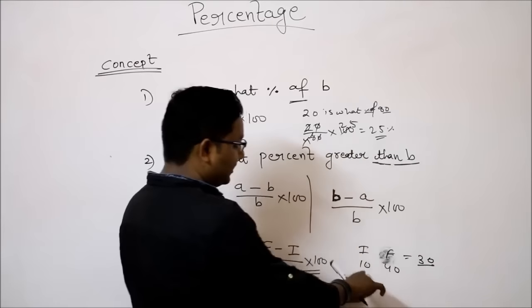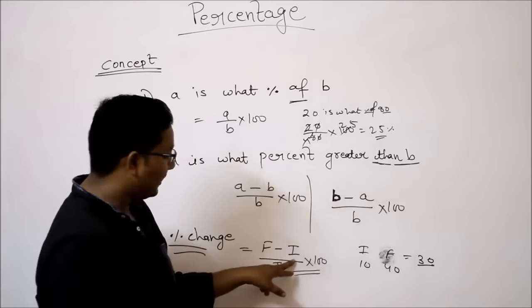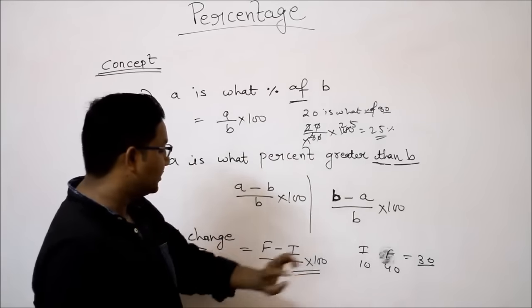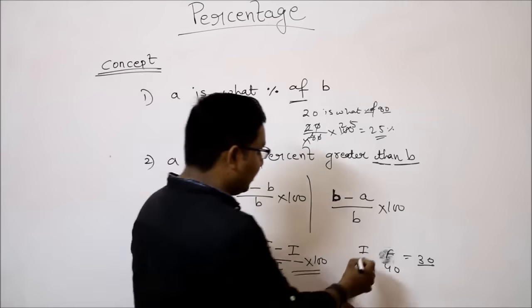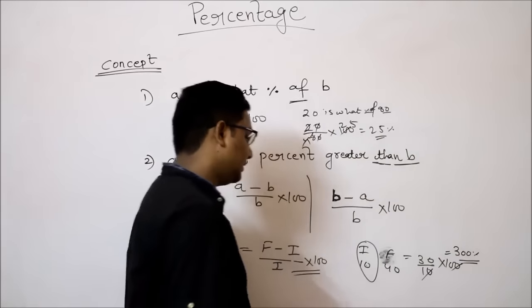Final value minus initial value upon initial value. The initial value here is 10, so 10 will come in denominator. Numerator is 30 and this is into 100. So it is becoming 300%. 30 into 10 is 300.